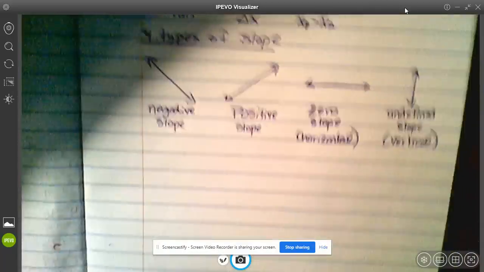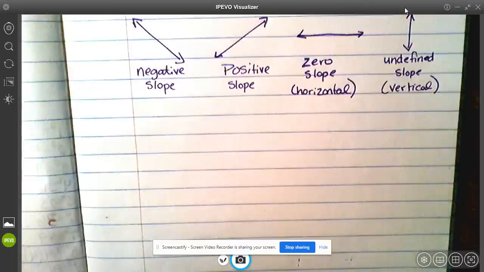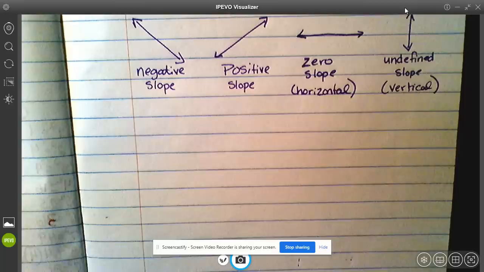So the first thing we're going to review is to find slope from a table.